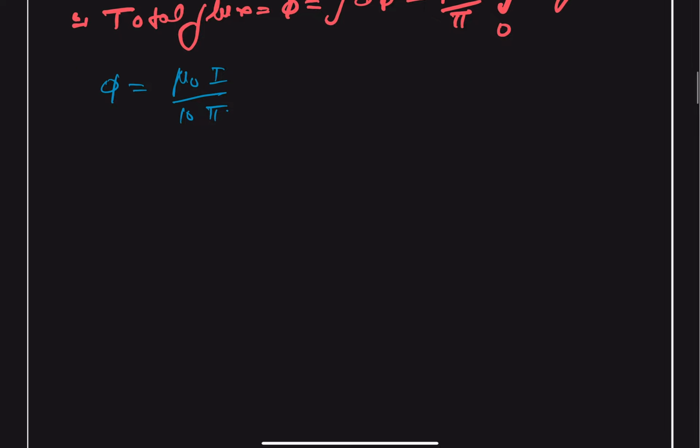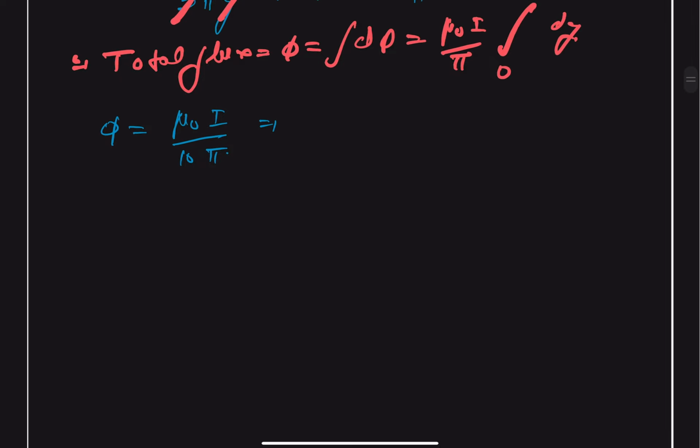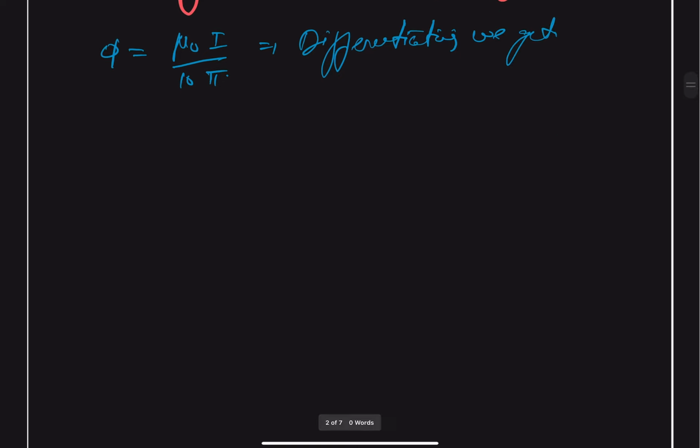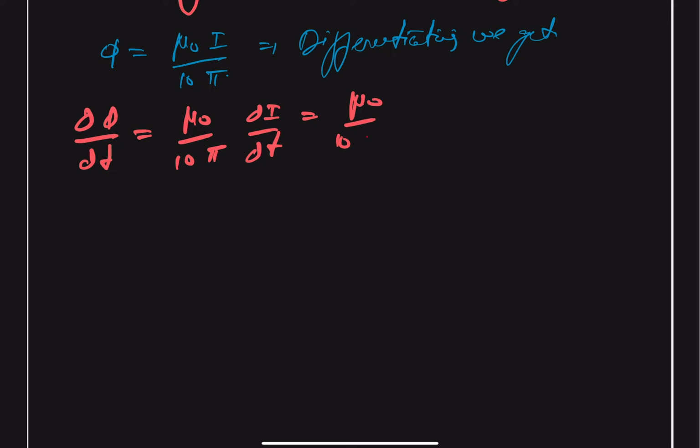Now if we differentiate this equation, we get d phi by dt equal to mu naught upon 10 pi multiplied by di upon dt, and the rate of change of current is given as 10. Substituting it here, we get mu naught upon 10 pi multiplied by 10, and the 10 cancels with 10, giving mu naught upon pi.